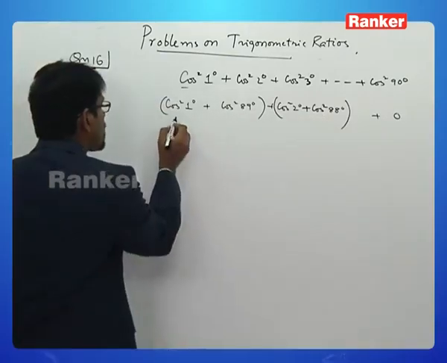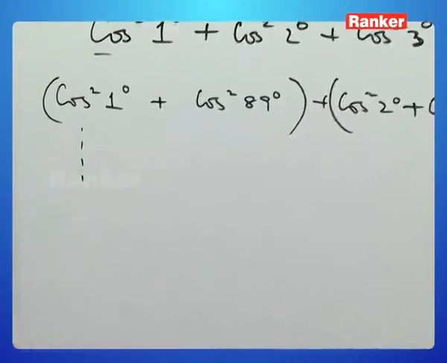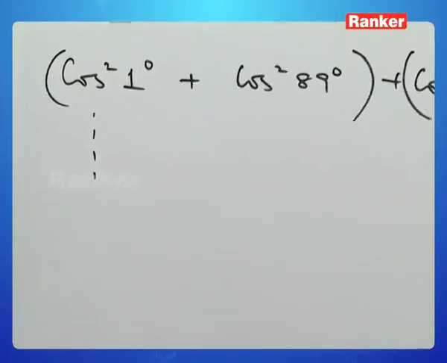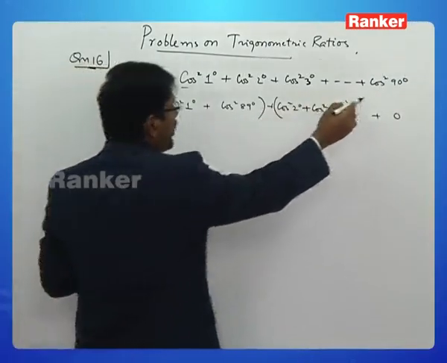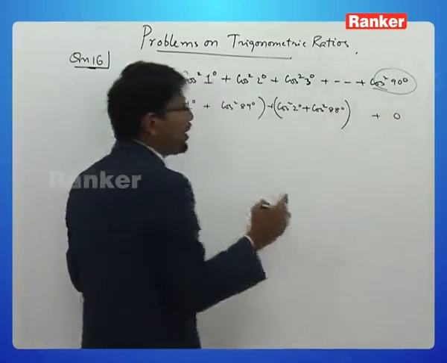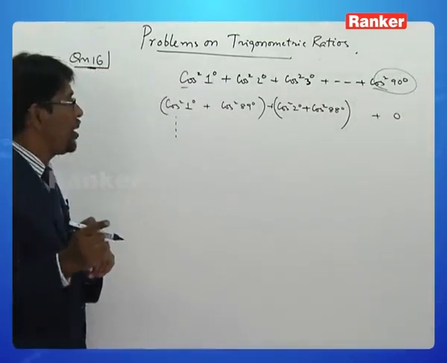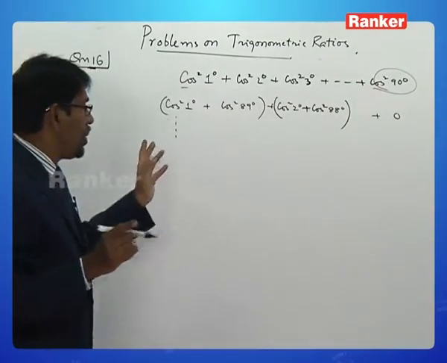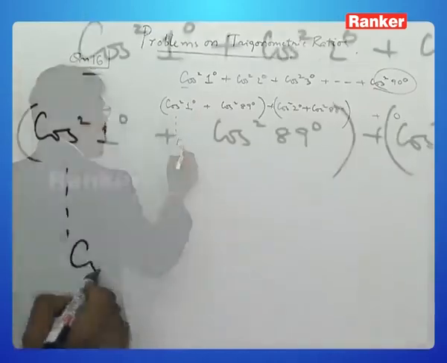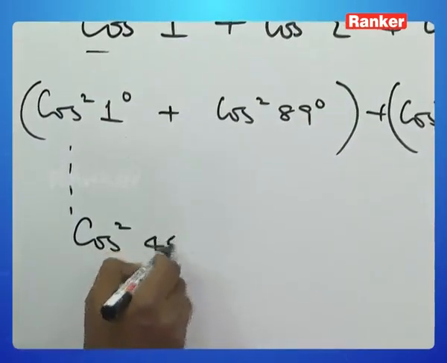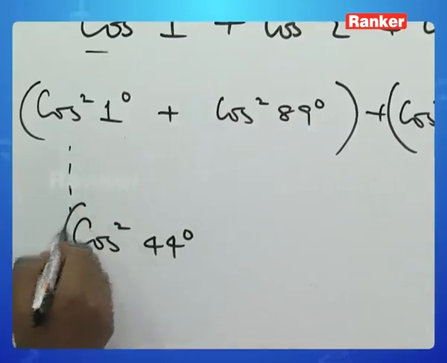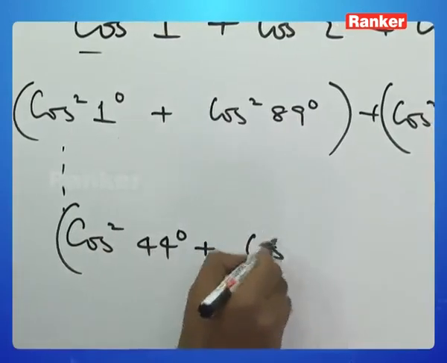So how many such pairings can we have? When you leave out this 90, we will have 89 terms, 1 to 89. But they get paired like this. What will be the last pair we get? Cos square 44 plus cos square 46.